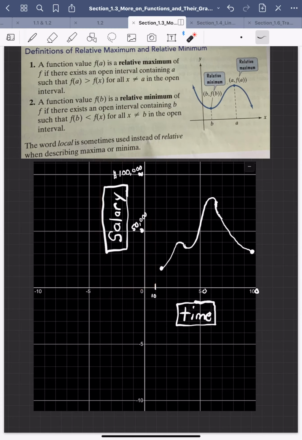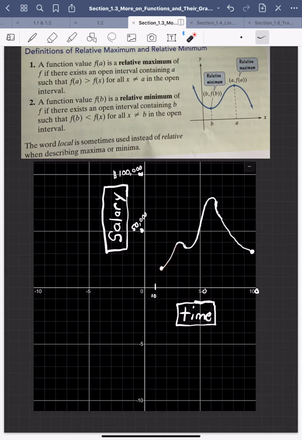So it appears that, let's say you or someone you know started working somewhere around, say, 15, 16, and they were making, I don't know, a little over $10,000. And now, as time goes by, their salary starts to increase.